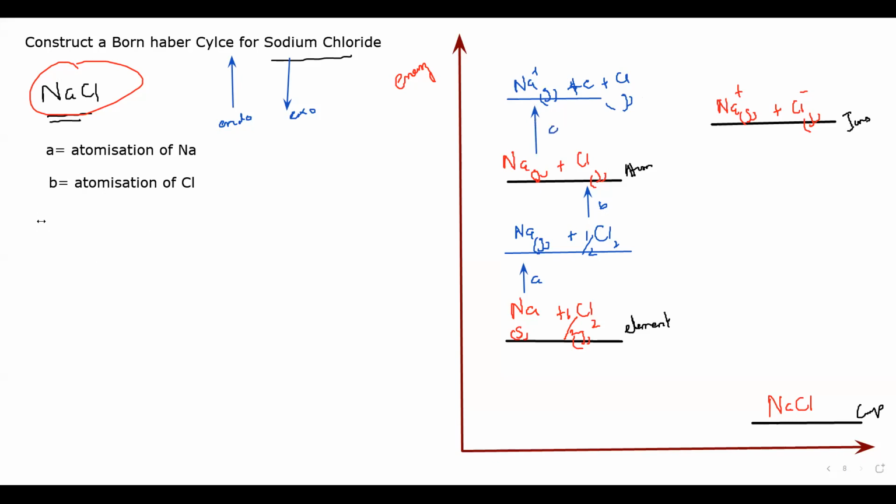We call that change the first ionization, because we remove one electron, the first electron. That's the first ionization of Na.